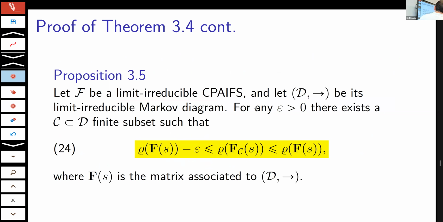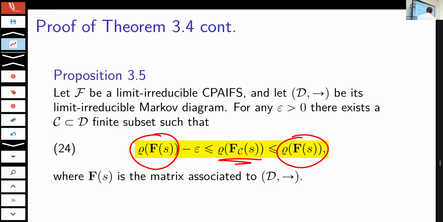The following proposition is actually the most important idea in the proof. If we have linear reducibility, then the spectral radius of the matrix of the original diagram can be approximated with the spectral radius of a finite subsystem.